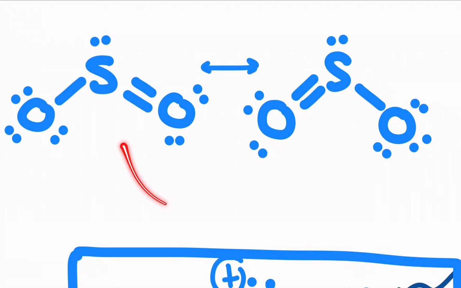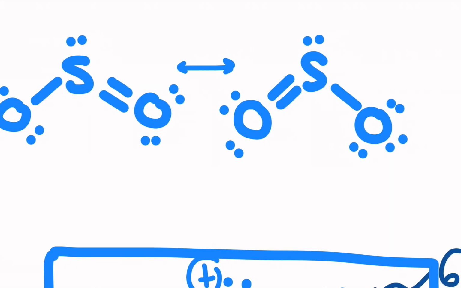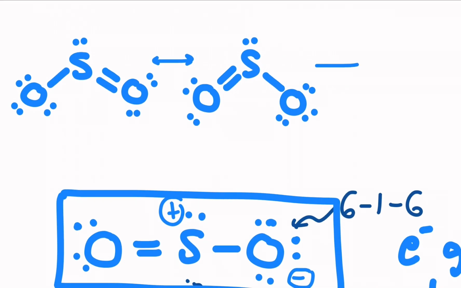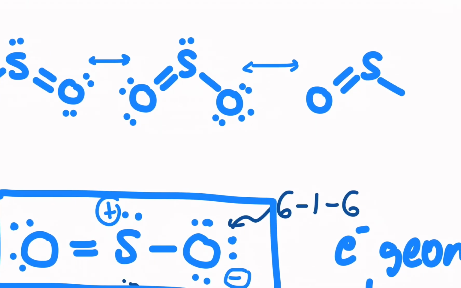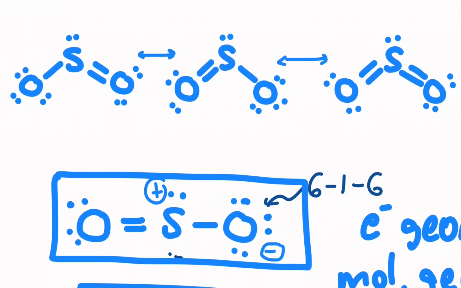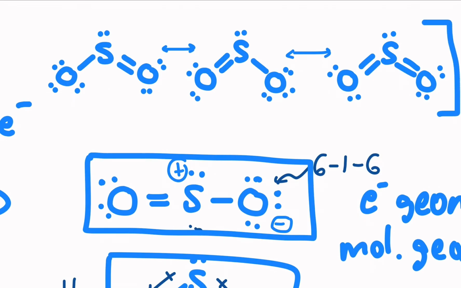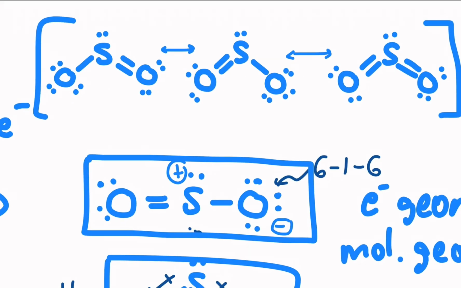Now, these are equally contributing resonance contributors. There's actually another resonance contributor that we can draw, and it actually has 2 double bonds to the central sulfur. And all that's different is the placement of my electrons. All of those are valid Lewis structures for the sulfur dioxide molecule.